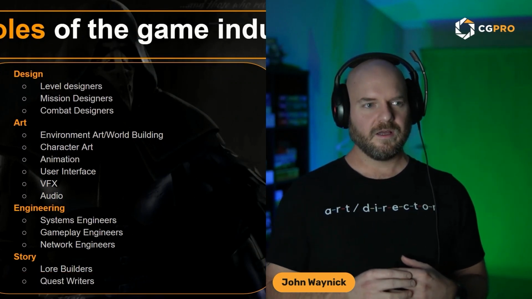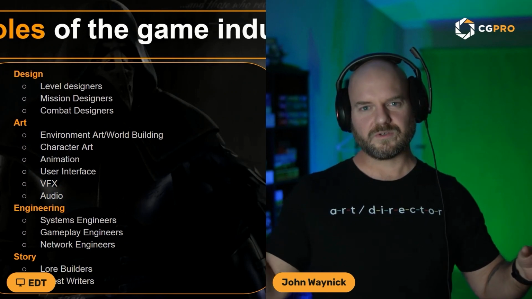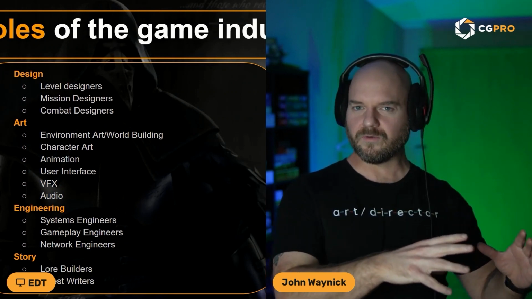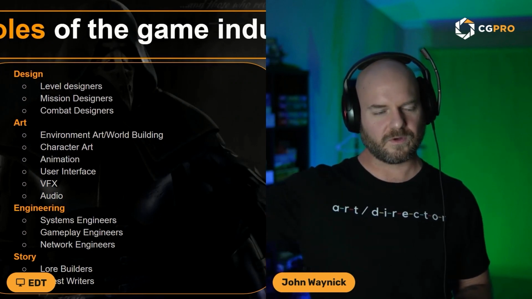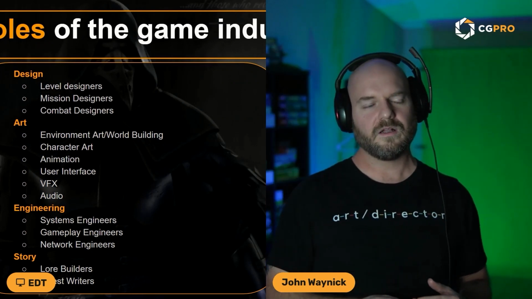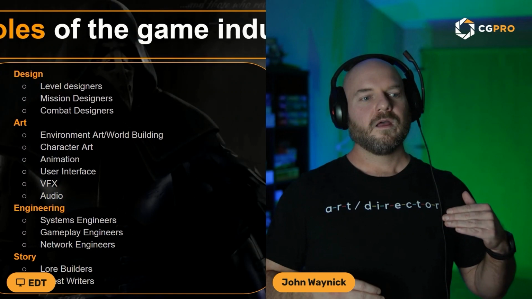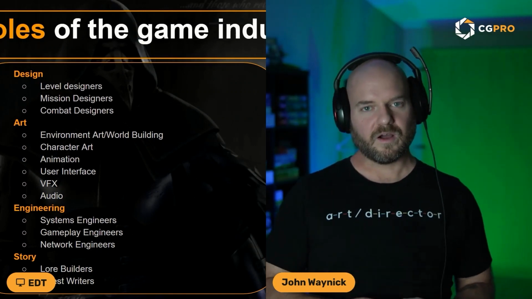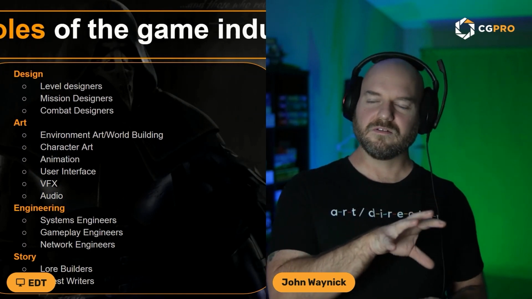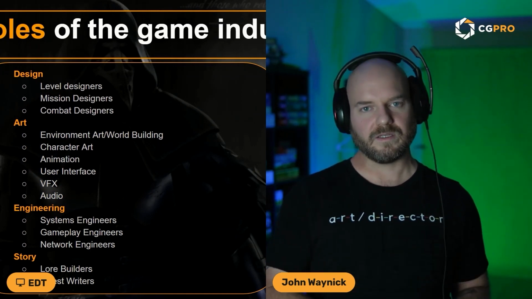And with the game industry, in a lot of other industries you have to niche down and specialize, and it's that way in games too, especially as you get further up the AAA ladder. But the more you know about everything else, the better off you're going to be, and the better team member you're going to be at a studio.